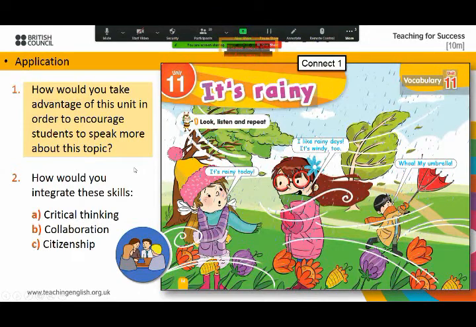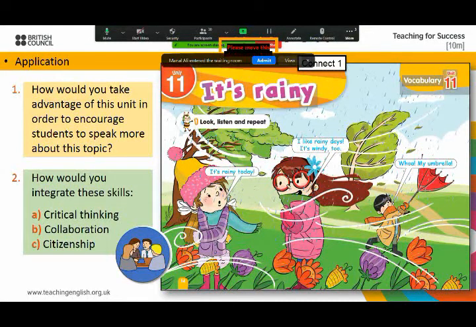How would you take advantage of this unit to encourage students to speak more about this topic? That's the first one. And how would you integrate these skills: critical thinking, collaboration, and citizenship? You have 5 minutes to do this activity.